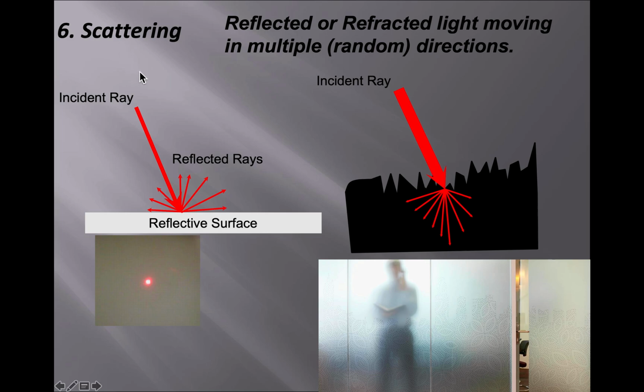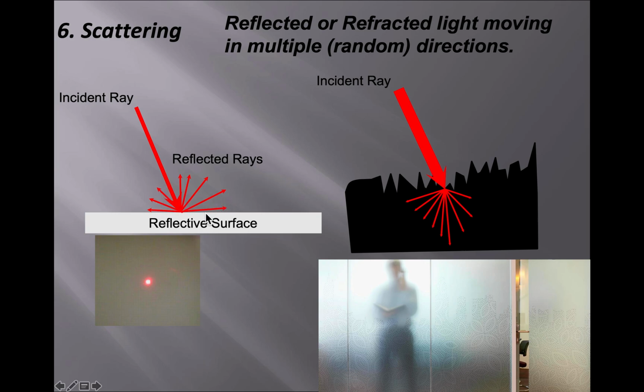And also waves can be scattered. Scattering is either reflected or refracted light moving in multiple, basically random directions. For example, if you shine a beam of light at a brick wall, some of the light is going to be reflected coming off of that, and so anyone from any direction is still able to see it because the light is going in all different directions.